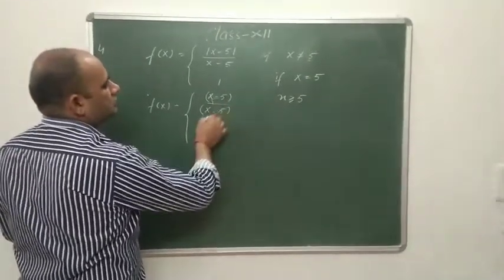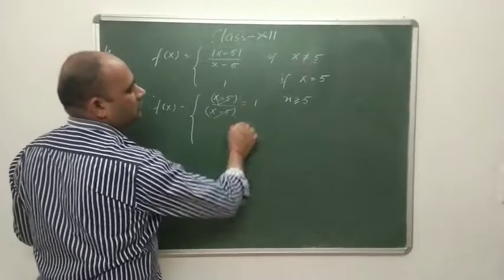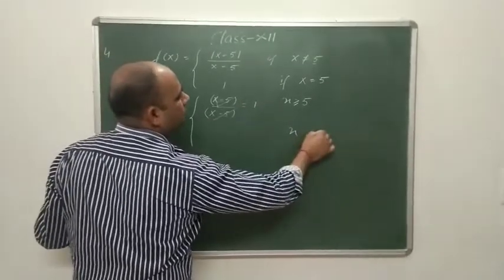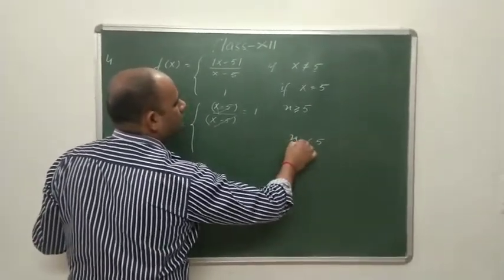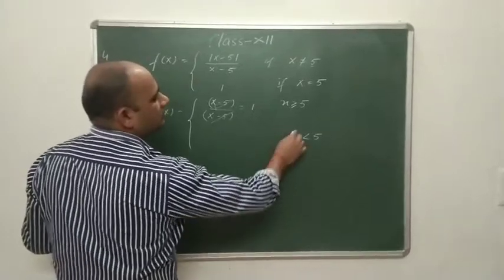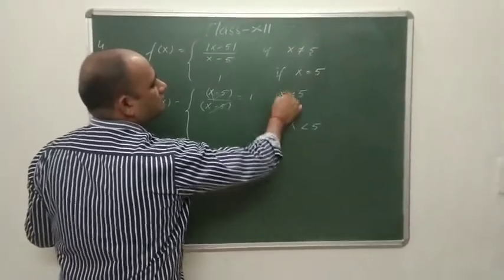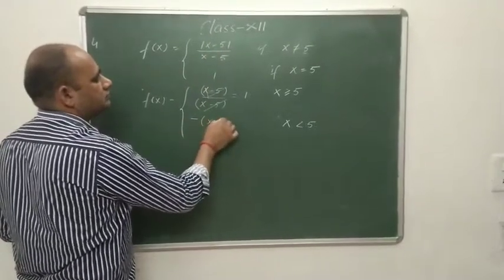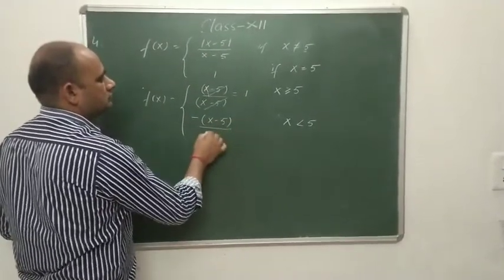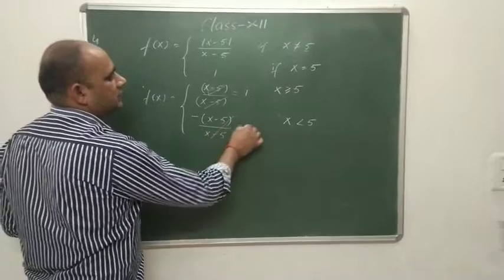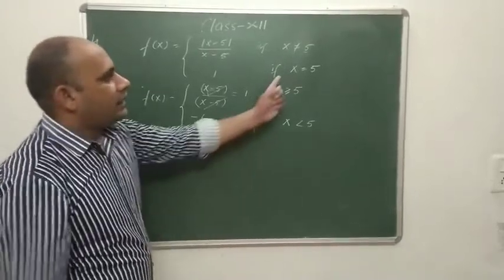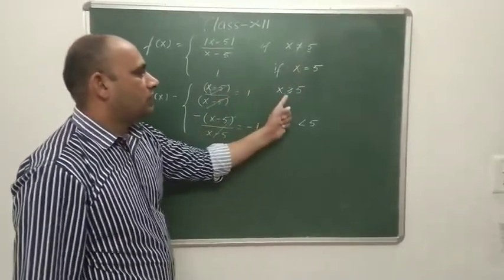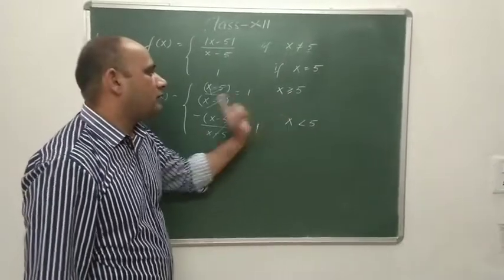It means both cancel, it is 1. When x is less than 5, then it is negative, then it is minus 1. Here x is equal to 5 gives 1, so we have included x is equal to 5 as 1.